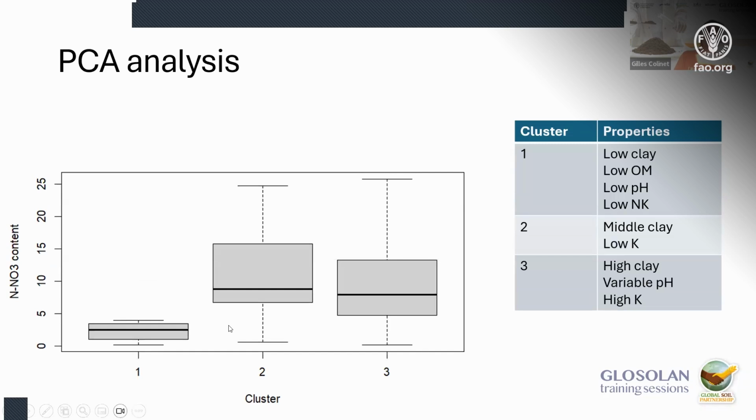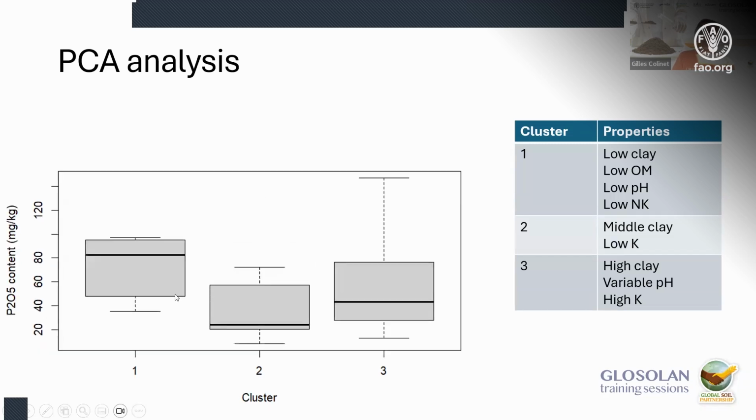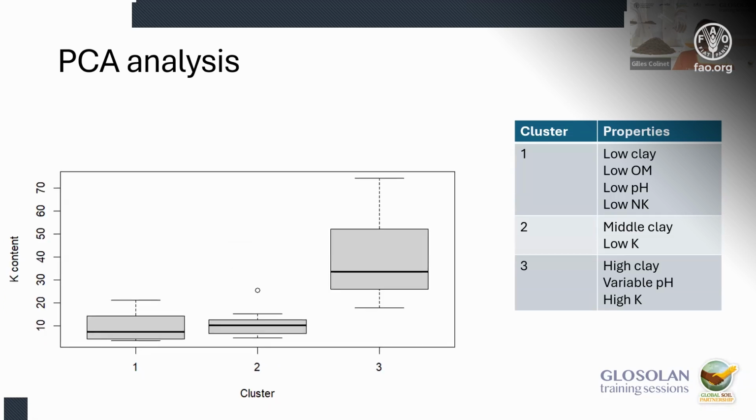And if we look at the nitrate, the phosphorus, and the potassium, we see that, with the exception of phosphorus, the first group is always the lowest in terms of fertility. Second group is a bit intermediate, but it has low potassium. And this group here is highest clay, variable pH, but the highest potassium.